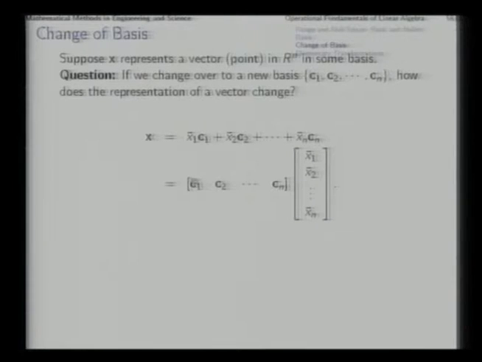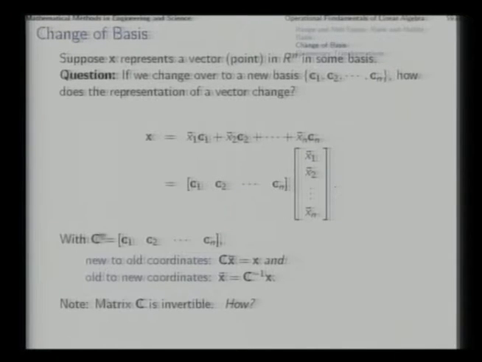Now, these column vectors sitting here will have n column vectors each of size n, and that is a square matrix. We can write it in this manner with C1, C2, C3, etc. up to Cn. Then we will have x is equal to C into x bar vector, and that gives us the conversion system from the new coordinates to the old coordinates.